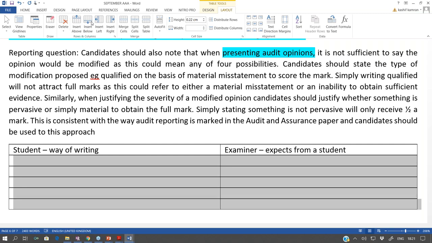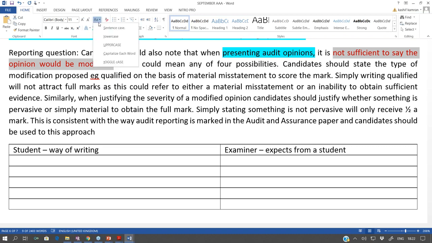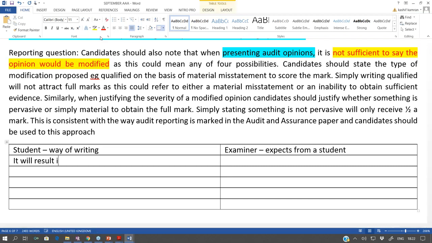The examiner is saying, number one, it is not sufficient to say the opinion would be modified. A lot of times students have a habit in the exam paper that whenever they find an issue, they will simply say it will result in a modified report, or a modified opinion.